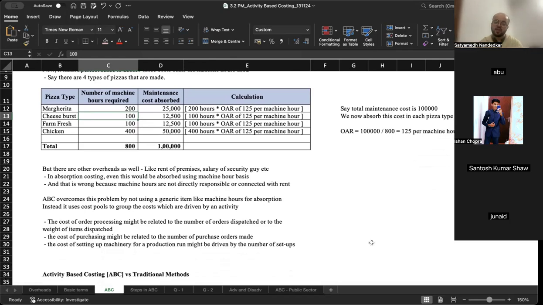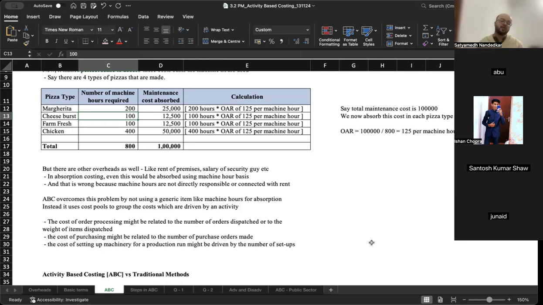In absorption costing, even these would be absorbed using machine hour basis. But that approach would be wrong because the rent of premises has got absolutely zero connection with the number of hours for which the machine was running. The salary of the security guy does not depend upon the number of units produced. So you will have to find out the most appropriate way of calculating the cost.